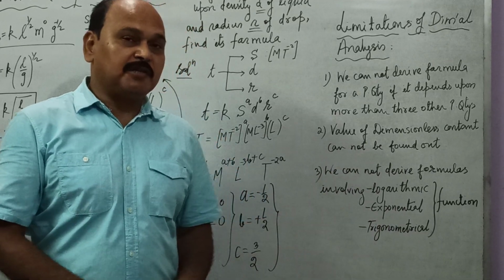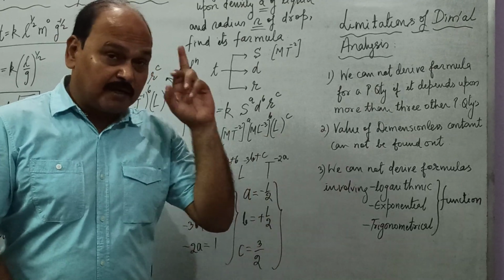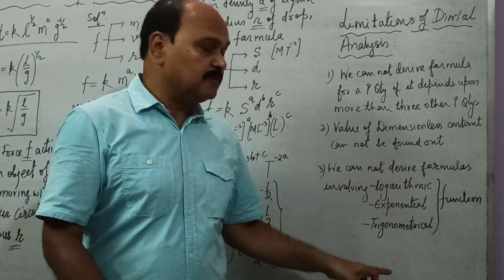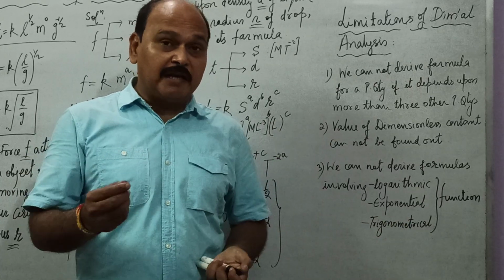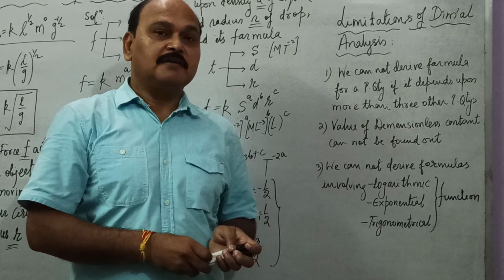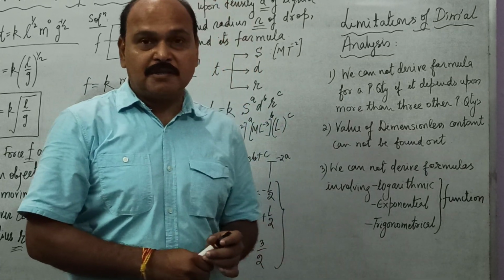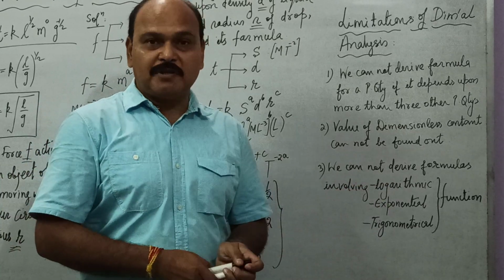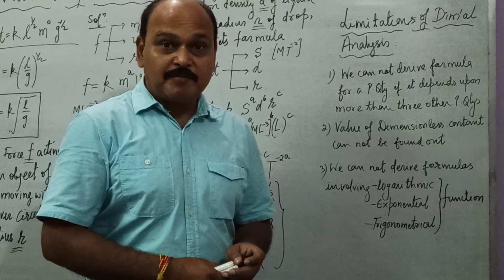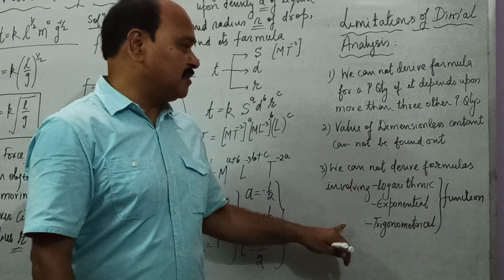This is limitation number 3. Remember, we cannot derive the formula involving these functions, but it doesn't mean that we cannot apply dimensional analysis to them. If there are logarithmic functions, exponential functions or trigonometrical functions, we can apply the principle of homogeneity there. But we cannot derive those formulas.